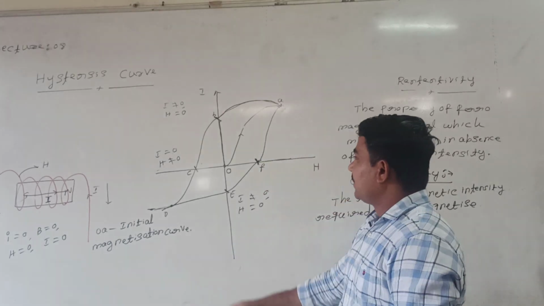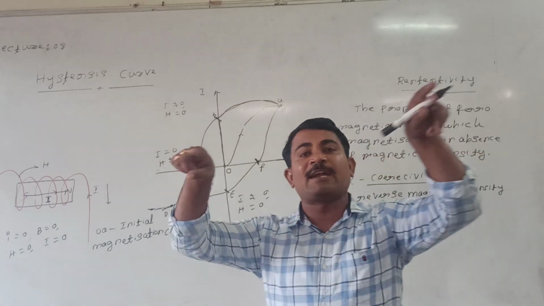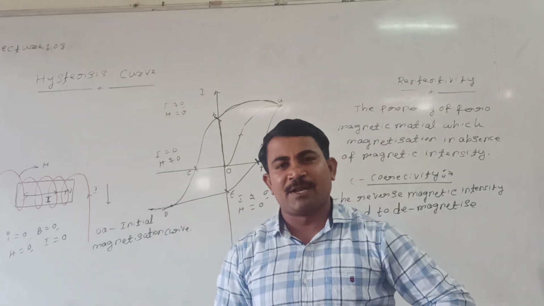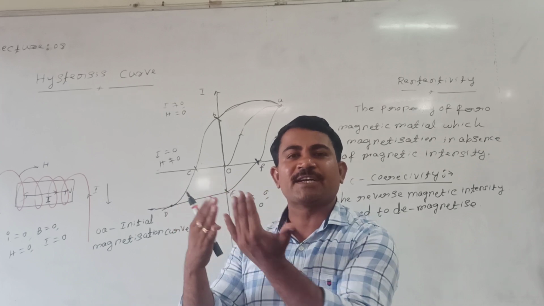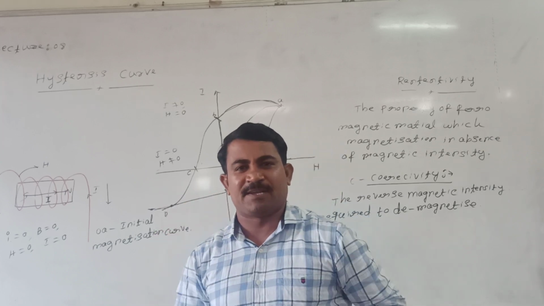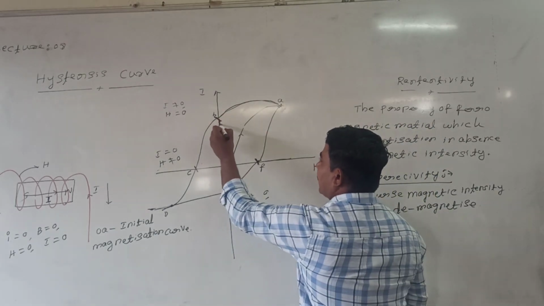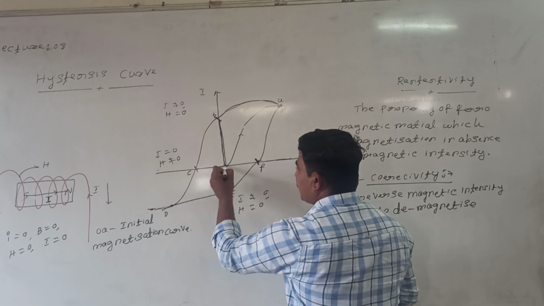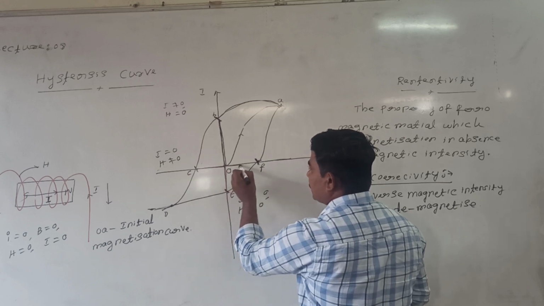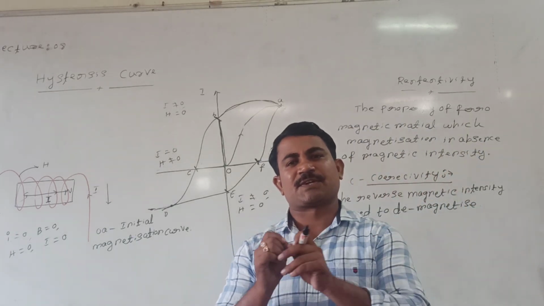The amount of reverse magnetic intensity required to remove that magnetization, that property we are calling coercivity. Coercivity is the property that resists demagnetization of the material. In this region OB we call it retentivity, and this we call coercivity. So this is what concerns the hysteresis curve.